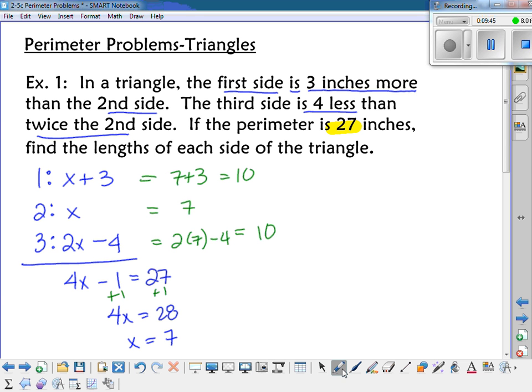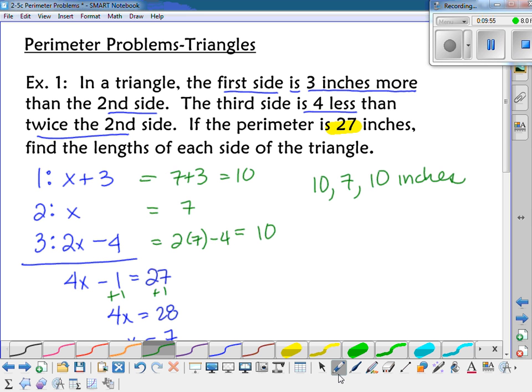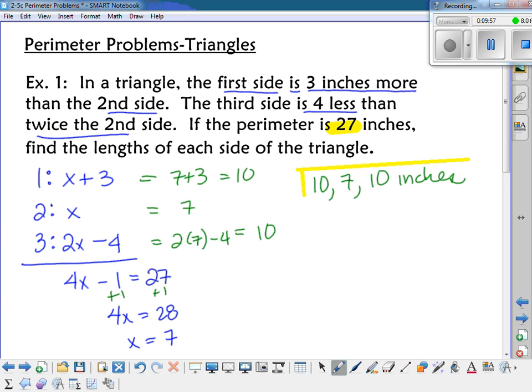So my sides, you list the answer in order when you write your answer. It's 10, 7, and 10 inches. Any questions on what I did?